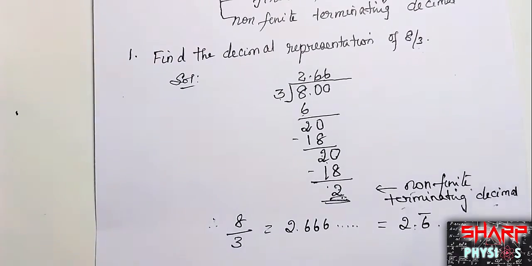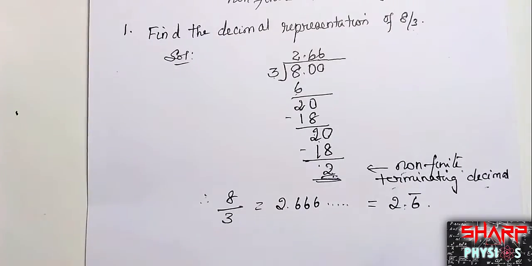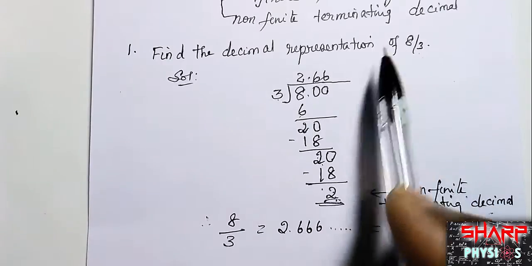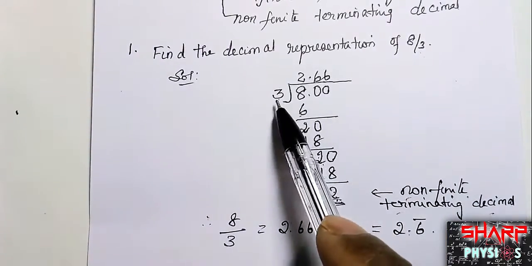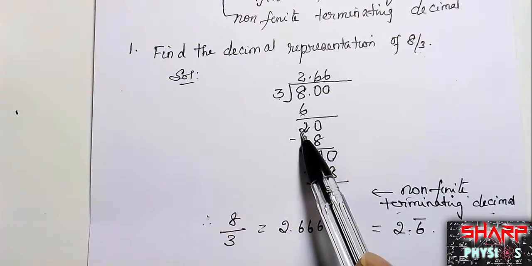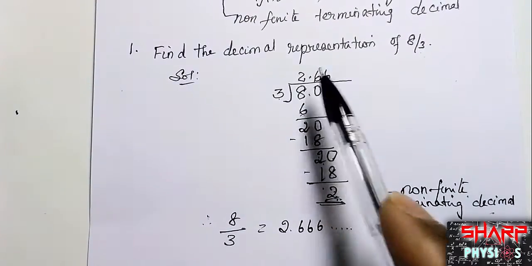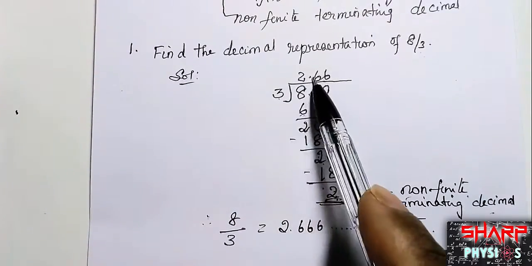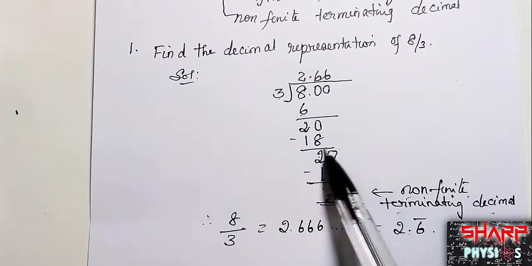So the answer is 2.6 bar. Once more, keep 8 inside and divide it by 3. 3 twos are 6. You get a remainder 2. Place the decimal point here as well as above. It's 20. Bring a 0 down. 3 sixes are 18. Subtract it.